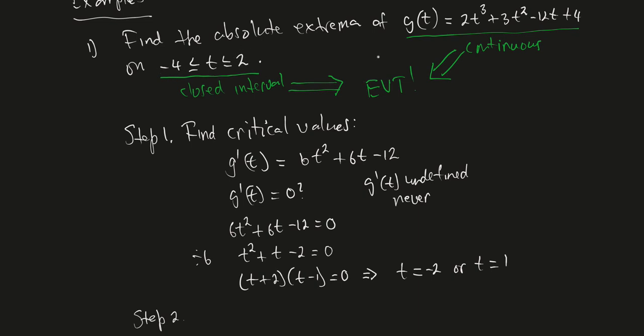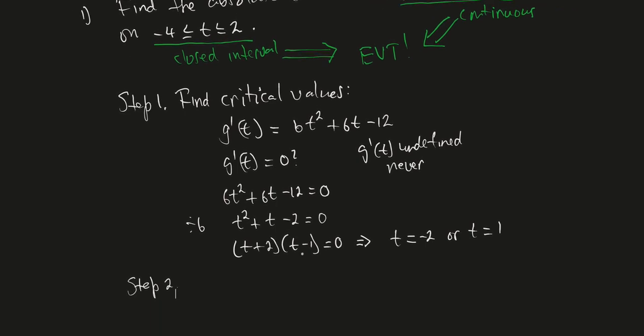Well, what the extreme value theorem says is that there has to be a highest and a lowest point, but they can only occur at the endpoints, so either at t equals negative 4, t equals 2, or at the critical values inside the interval. So what we're going to do is make a table.